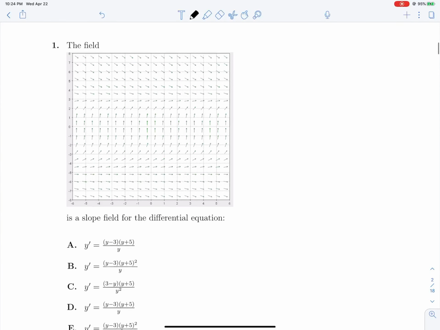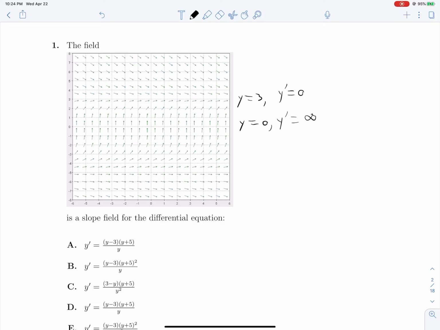But let's get going. Number one, this field is the slope field for which differential equation? So we see at y equals 3, y prime is equal to 0, and at y equals 0, y prime is equal to infinity. So we should have undefined behavior there.